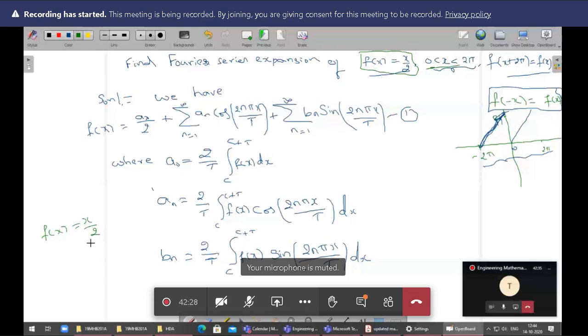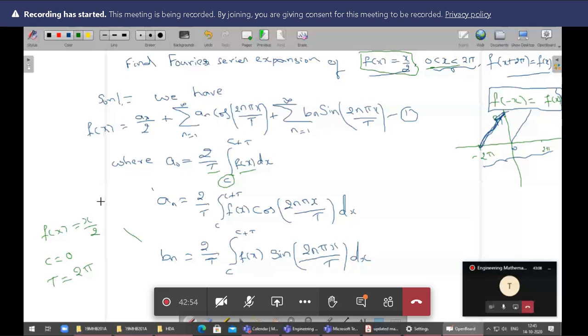These three are given, so it is enough. We can compute a naught. To compute a naught, I need t, f of x, and the value of c. All three we have, so I can easily find a naught, a n and b n.